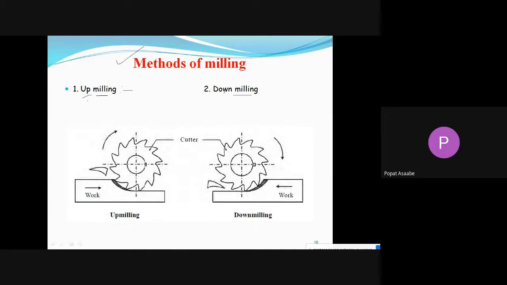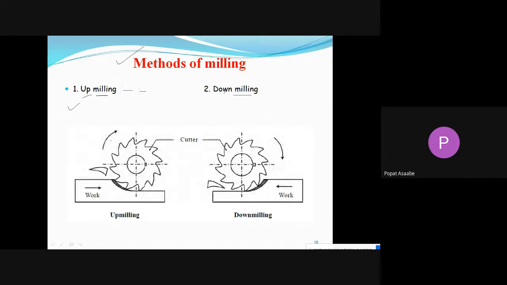First I will tell you the meaning of up milling. When the rotary direction of the cutter and the feeding direction of your workpiece are opposite to each other, that time we can call it up milling.